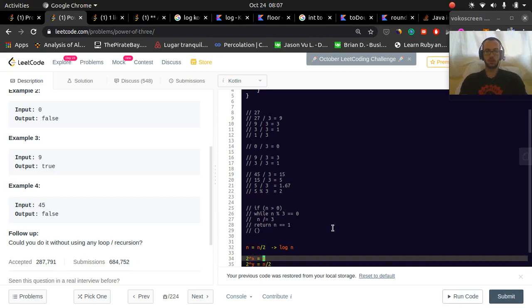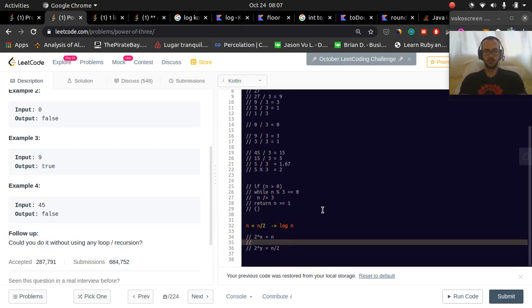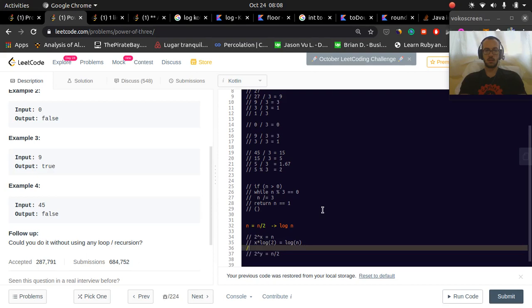Okay, so we're getting in the math here. So if we take the log of both sides, we're going to get x times log 2 equals log n. X equals log n over log 2.